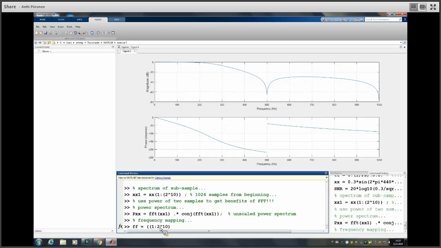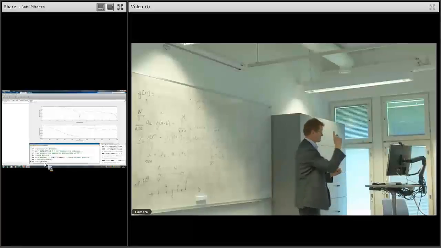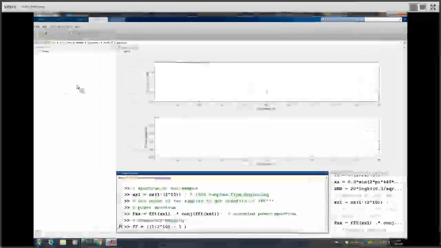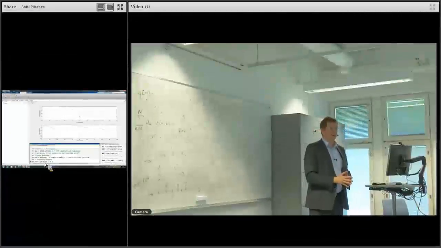Okay, that takes care of having this sampling on the frequency scale. Same way as mapping on the time scale. You have indexes from 1 to 2 to the power of 10. However, our first value will be DC, which is 0 frequency. We then subtract 1 here. We still have that 2 to the power of 10 frequency samples here.